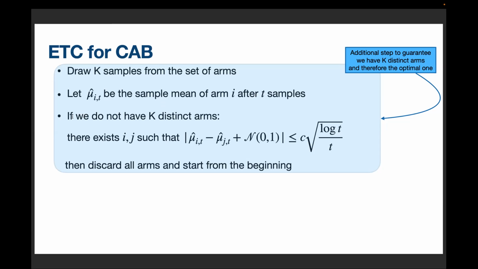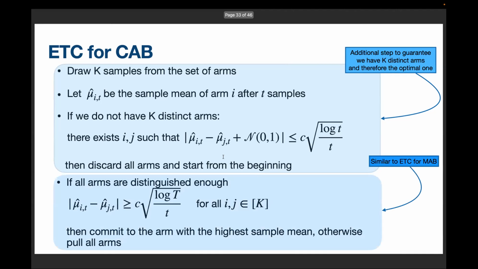Then we see whether we have k distinct arms or not. I'm going to explain the criterion in a second. If we do not have k distinct arms, we discard all arms, reset the whole process, and sample k arms again from the pool of arms. We're not going to recycle anything. If at any point we figure out that we're not working with distinct arms, we discard all of those and sample k new arms from the set.